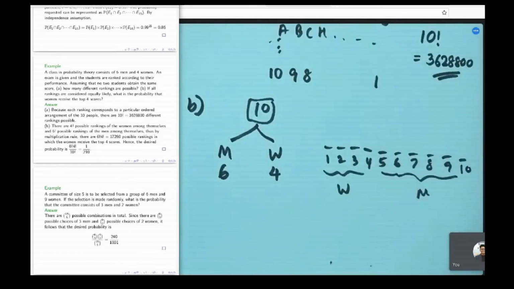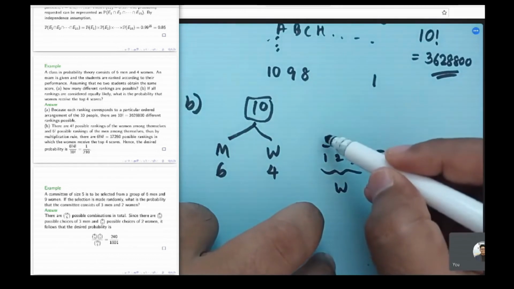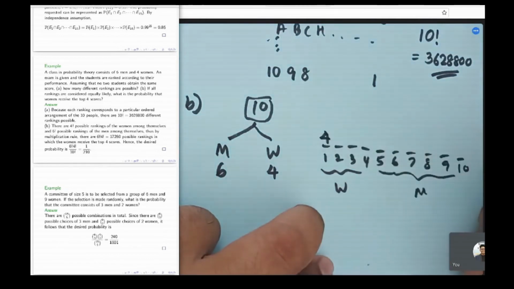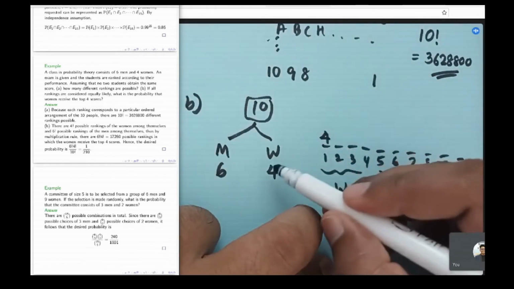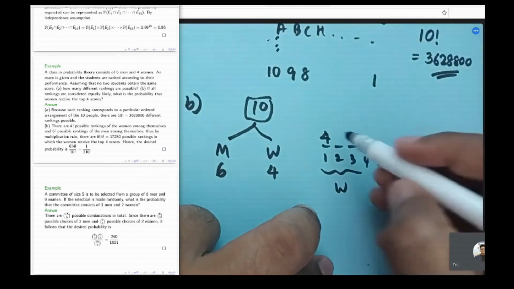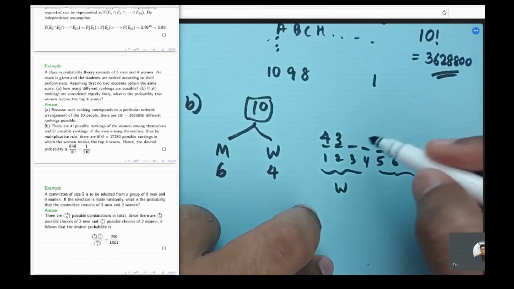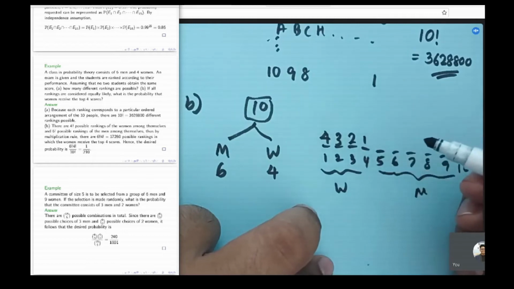Let's fill them one by one. You have 4 possible options for the first position, and since you fill 1 out of these 4, you are left with 3 for the second position, then 2 for the third position, and 1 for the fourth position.